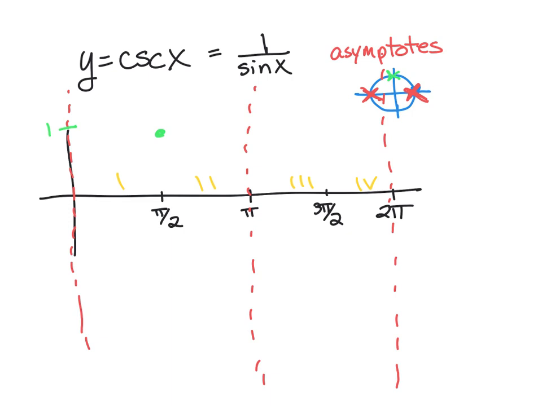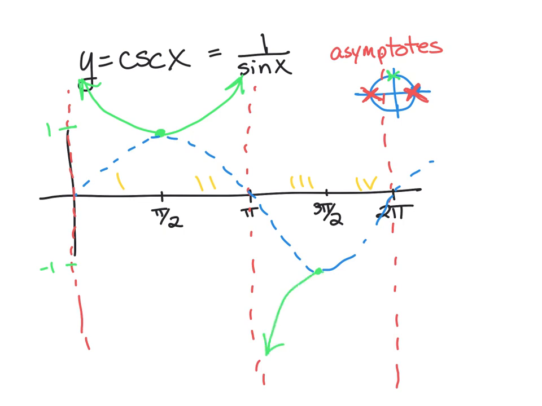Between 3 and 4, the sine is negative 1. Flip that over, you get negative 1. So whereas the sine function looks like this, ours is going to go opposite because it's the reciprocal. All right, so practice.